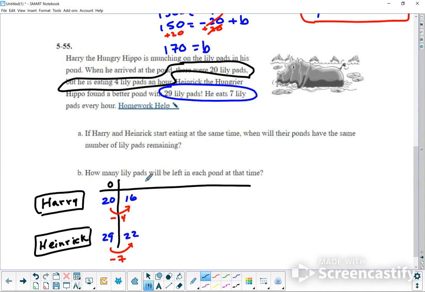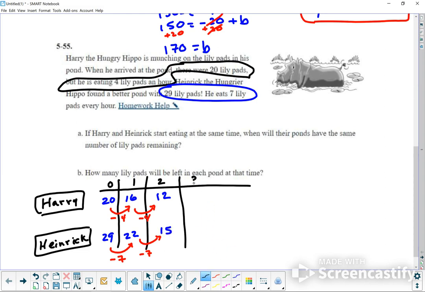After 2 hours, we're going to do the same thing again. He eats another 4, and Heinrich eats another 7. So 16 minus 4 is 12. 22 minus 7 is 15. That's 2 hours.